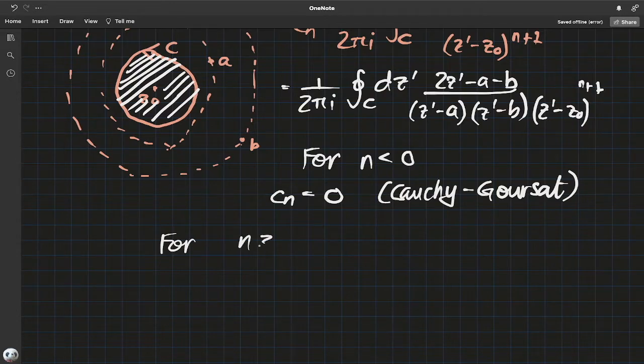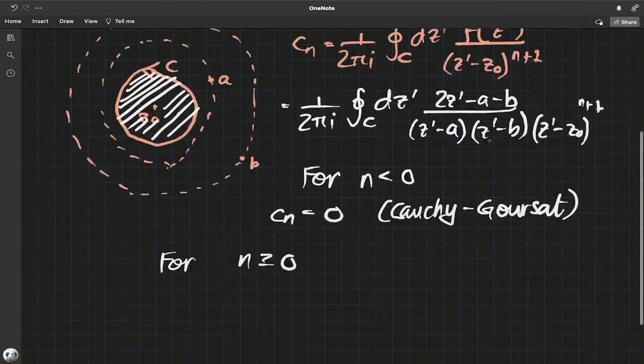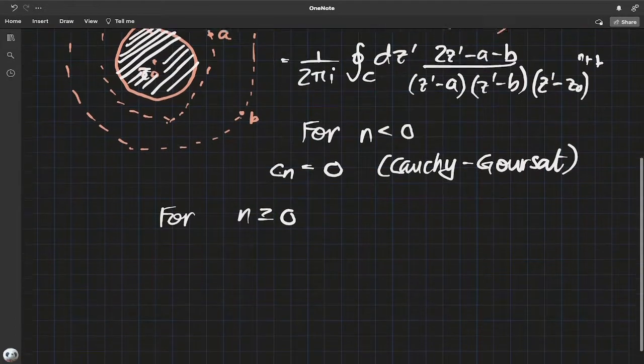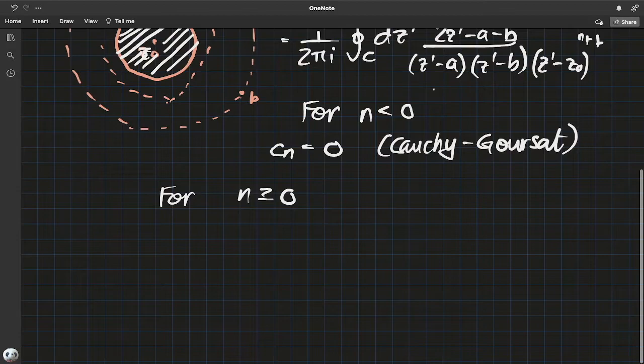For n greater than or equal to 0, the positive case, this term will remain in the denominator and will create a problem, because z0 is in the denominator. There are no other trouble-creating terms. a and b are outside, so we only need to worry about z0.